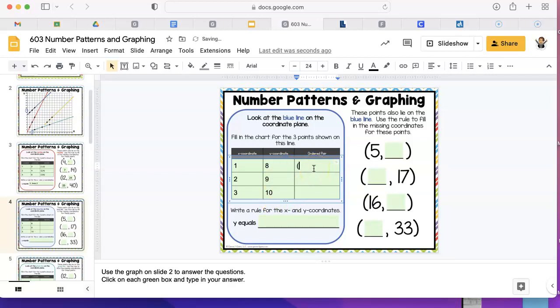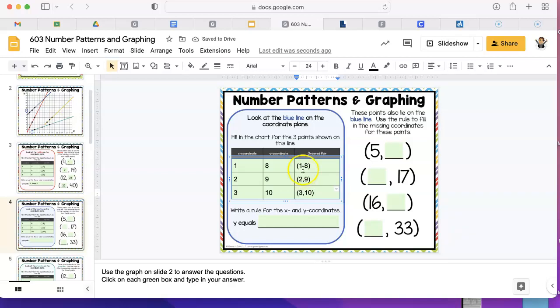1 and 8 would be the ordered pair for this one. X coordinate 2, comma 9 would be for this one. 3 and 10 would be for this one.